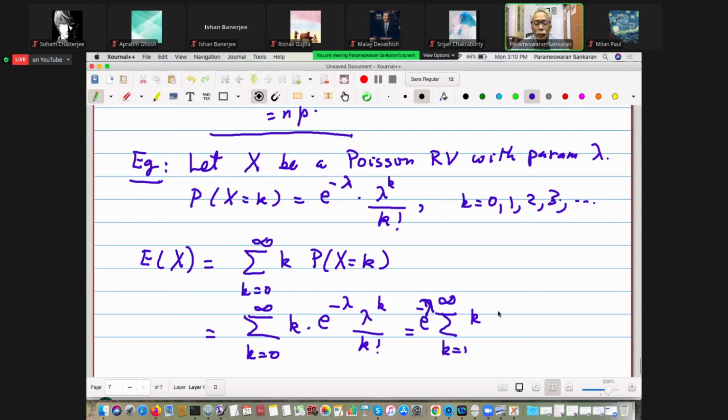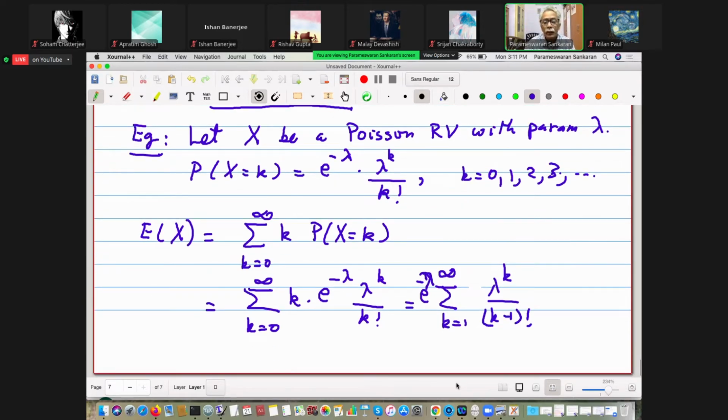Then k times lambda power k by k factorial, I can cancel one k, and I simply write k minus 1 factorial in the denominator.